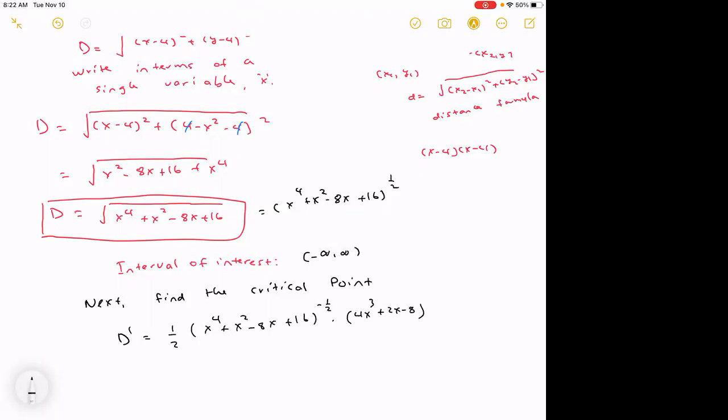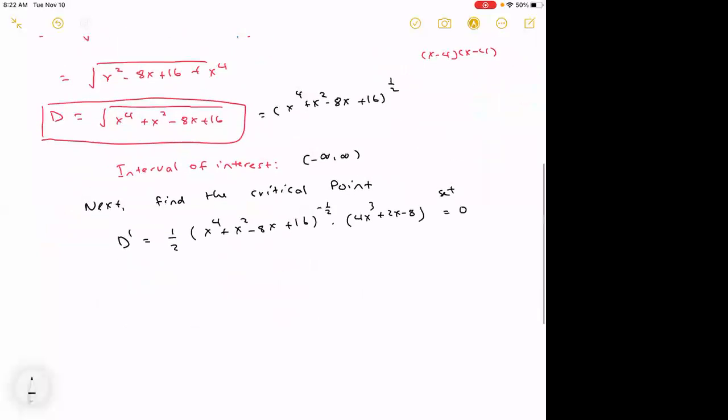Then set that equal to 0. How do you solve this for x? Well, before that, we only have 2 in the denominator. You can bring this expression with negative exponent to the bottom.